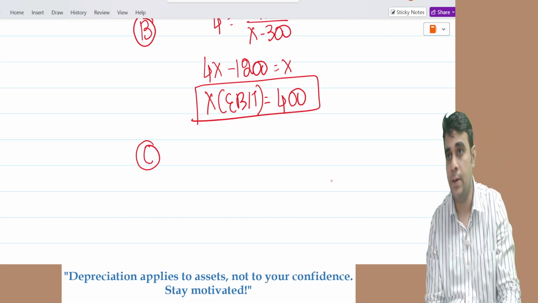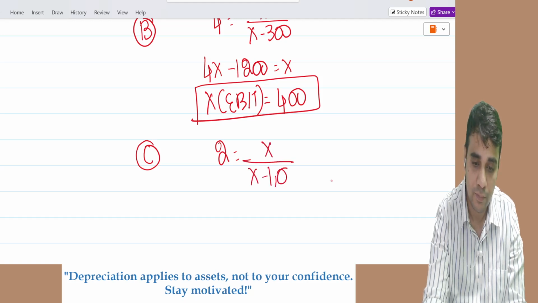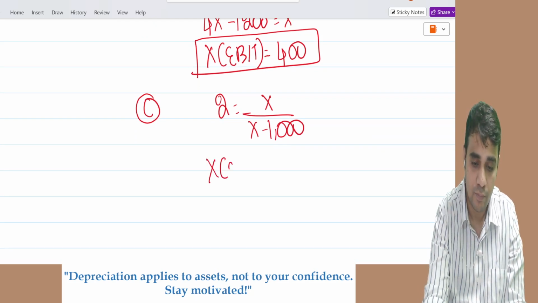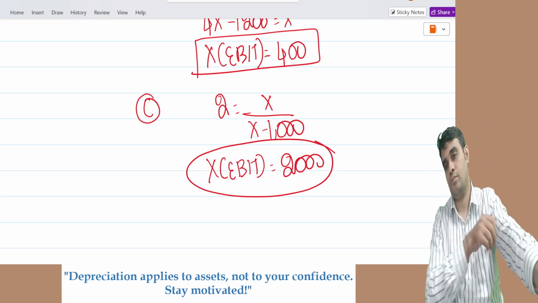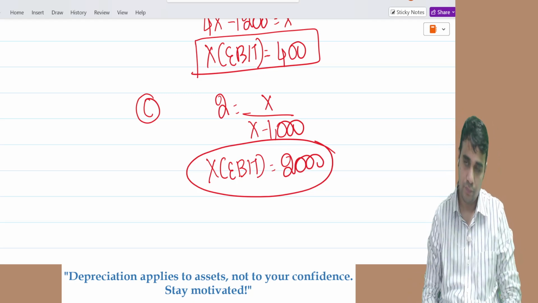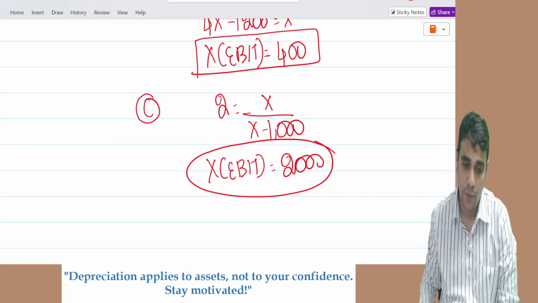What is the leverage given? 2 is equal to X divided by X minus 1,000. EBIT is 2000 for the third company.